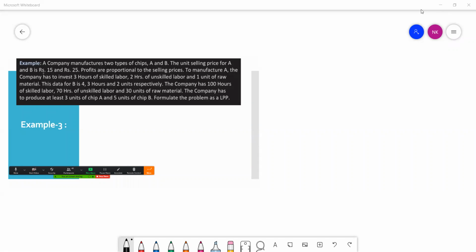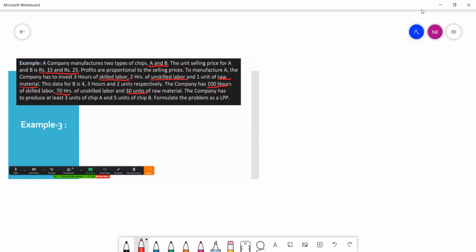So we are given that a company manufacturing two types of chips, chip A and chip B. For each chip, we are given the unit selling price, which is proportional to its profits, and the hours of skilled labor, hours of unskilled labor, and raw material needed to produce chip A and B. The constraints are total 100 hours of skilled labor, 70 hours of unskilled labor, and 30 units of raw material.